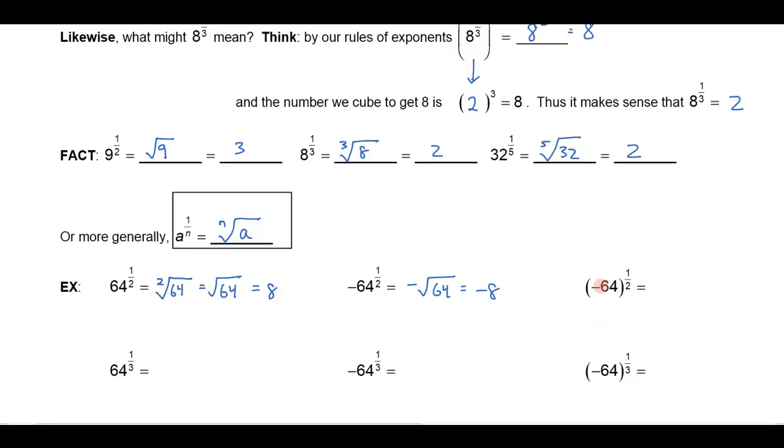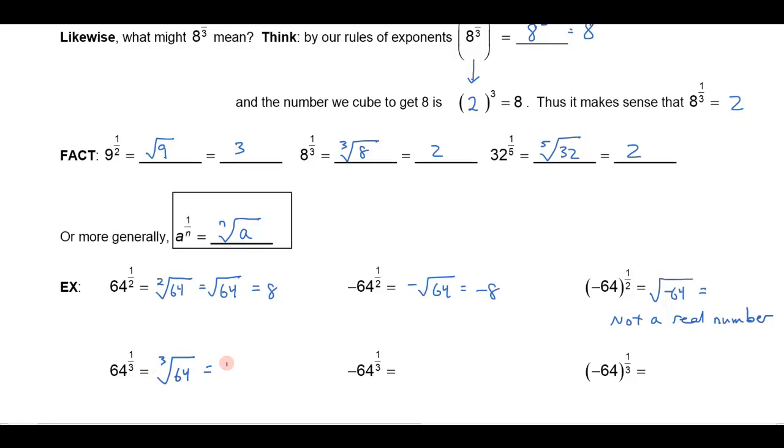And if I took negative 64 to the 1/2 power, notice my base is negative 64. That would be the square root of negative 64, and we know that is not a real number, because there's no real number that I can square to get a negative number.